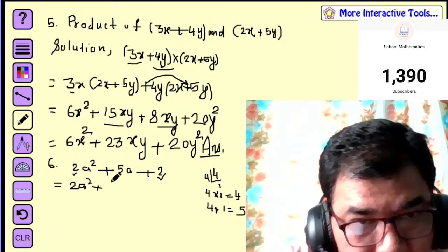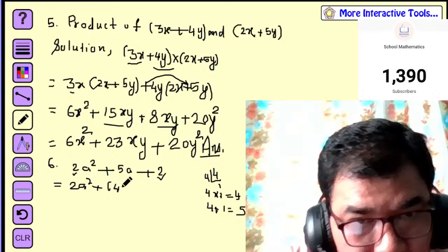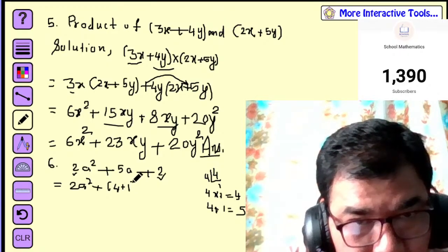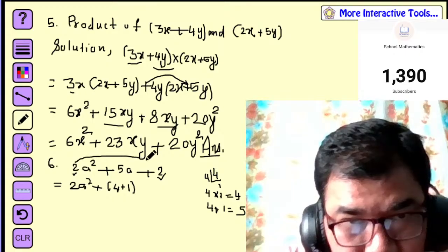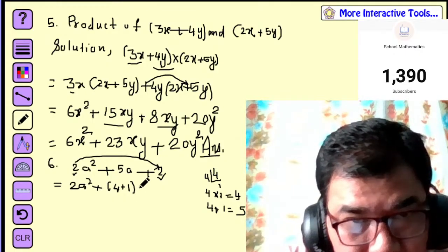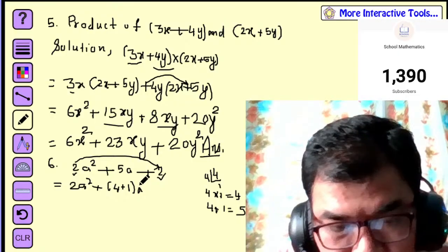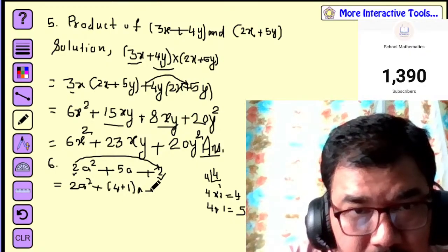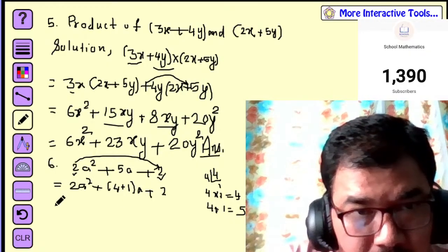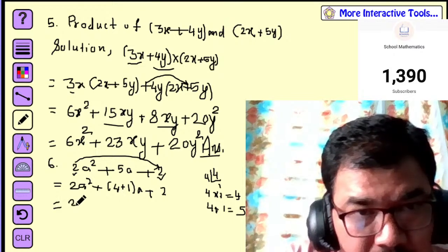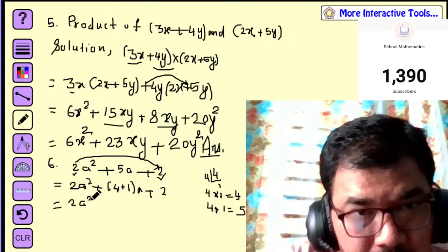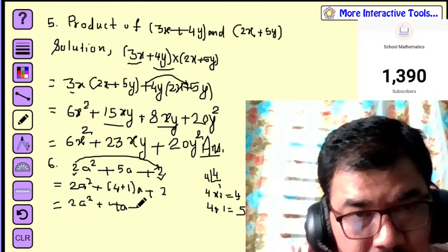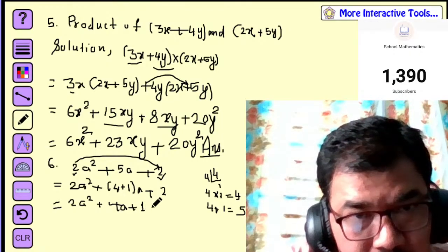That's why, in place of 5, write it here while factorizing this expression: 2a square plus 4a plus 1a, plus 2. 4 1s is 4, because 2 2s are 4, no? Open the bracket, 2a square plus 4a, and here plus 1a plus 2.